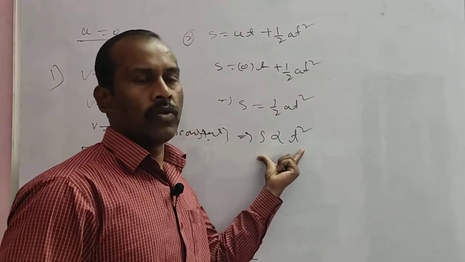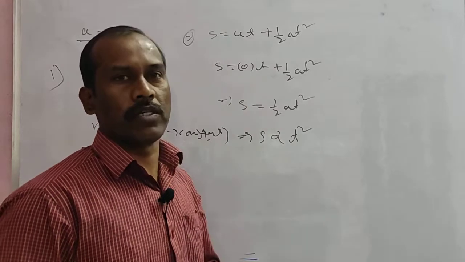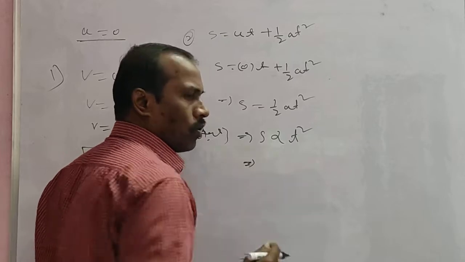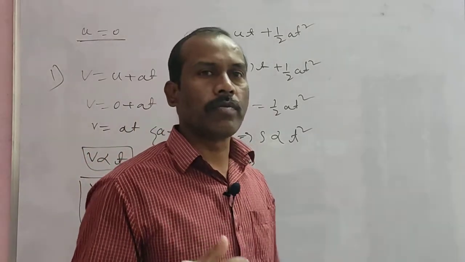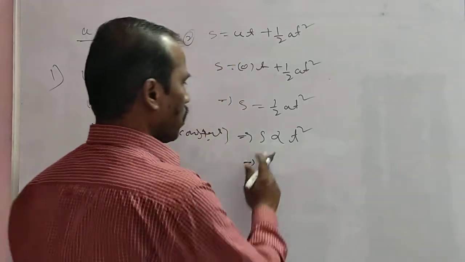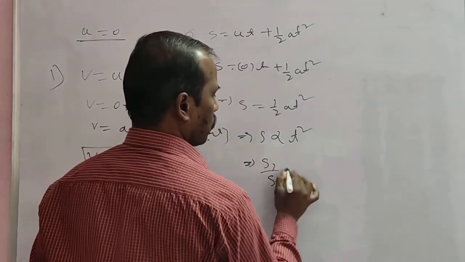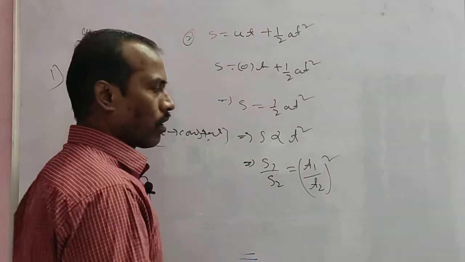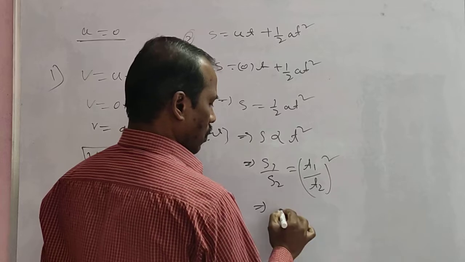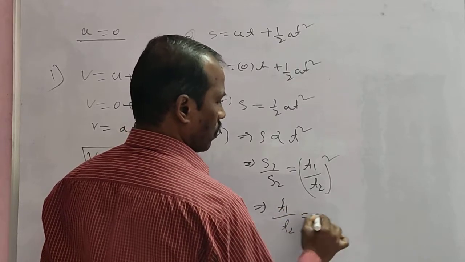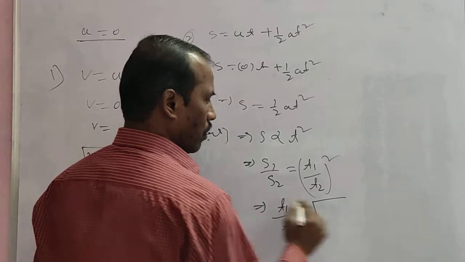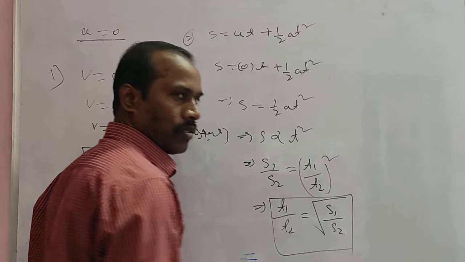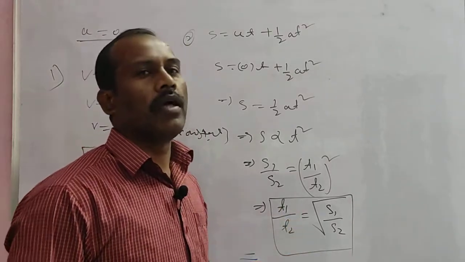When comparing two displacements, s1/s2 = (t1/t2)², or t1/t2 = √(s1/s2). This is the time-displacement relation.